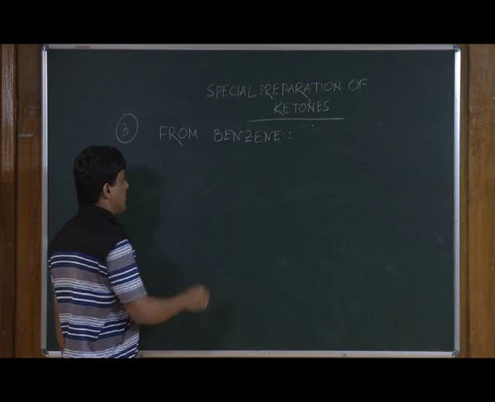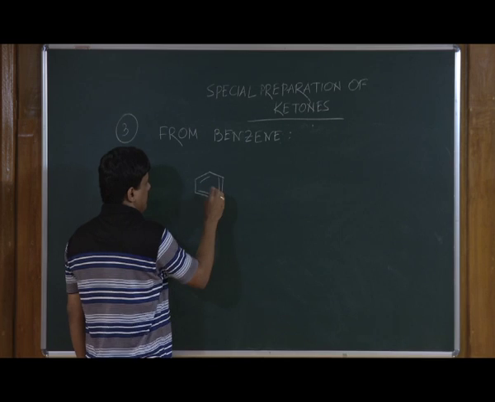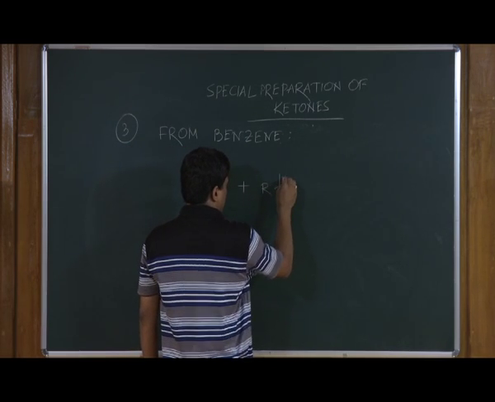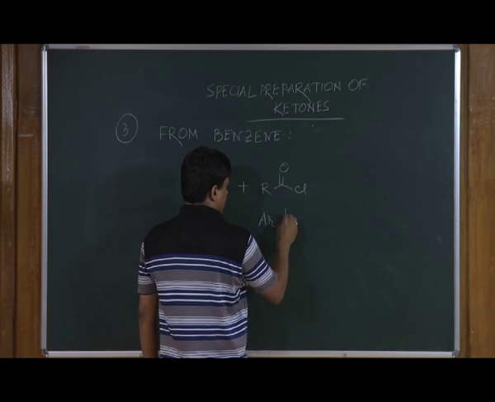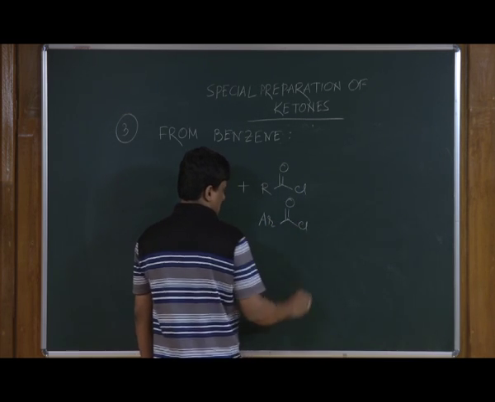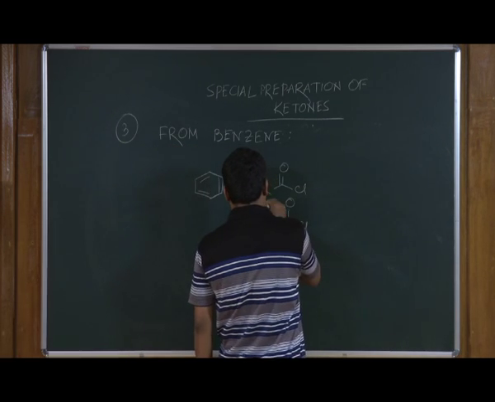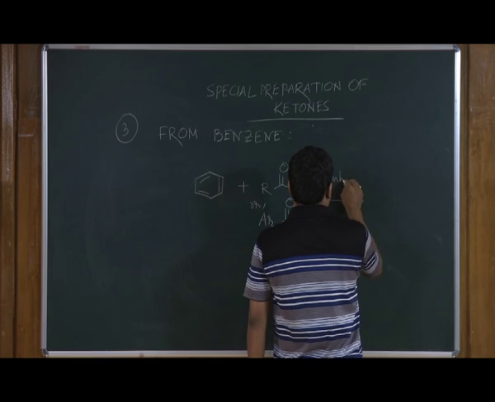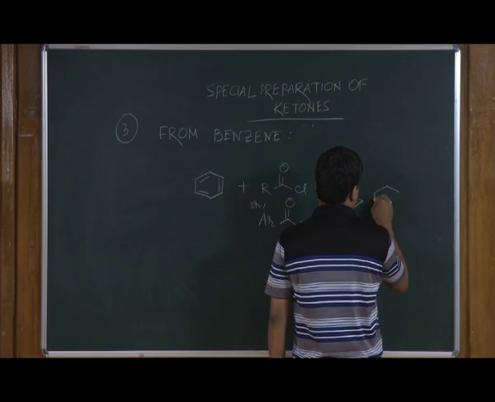For the synthesis of ketones, you can do a Friedel-Crafts reaction with acid chloride, it can be aliphatic acid chloride or aromatic acid chloride, and in presence of the catalyst anhydrous aluminum chloride, you get the ketone.